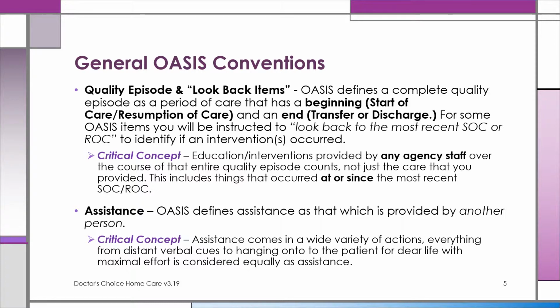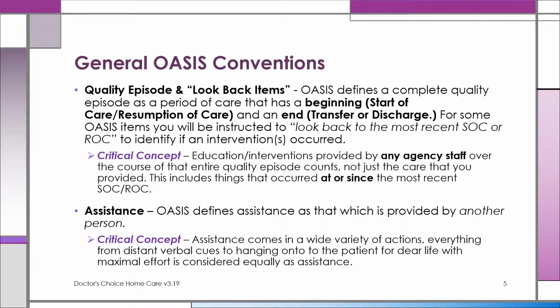It's important that interventions and education provided by any staff over the course qualify during that episode, not just the care that you provided. So be sure to take the entire clinical team into consideration when scoring these items, particularly on discharges, to show that there was value for the service that we provided.